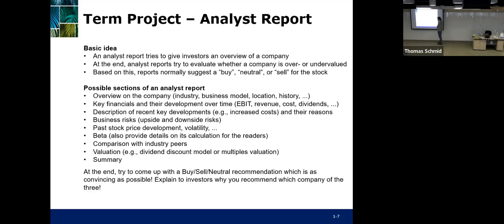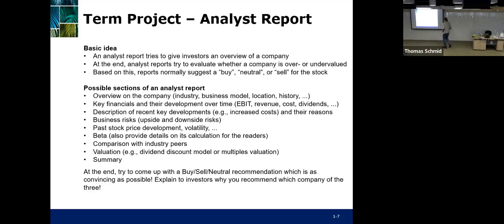An overview is typically included, key financials, descriptions of recent developments, a description of the business risks, past price developments like the beta, a comparison with industry peers, and what all reports include is some kind of a valuation part.